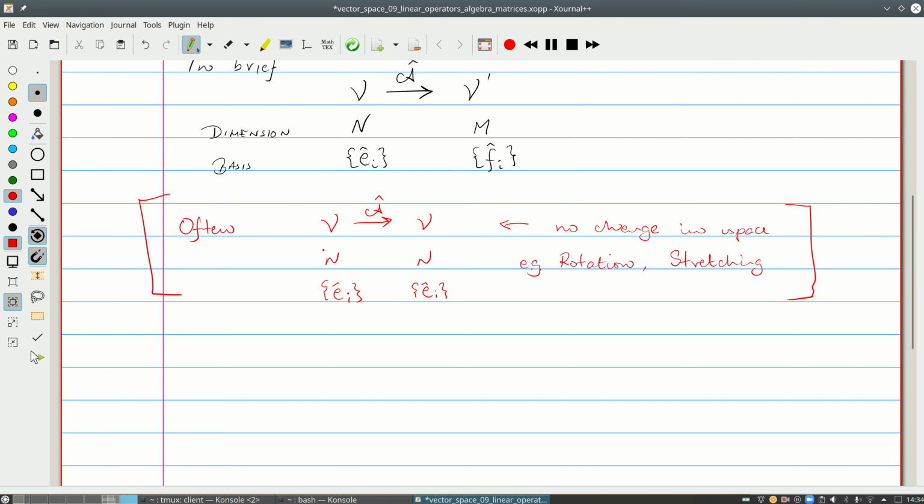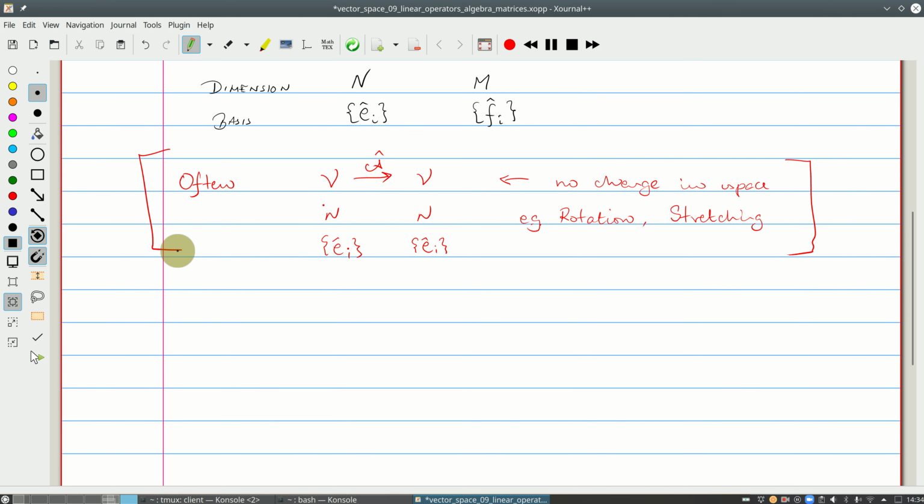Alright, let's work with the general case for the time being. So, let's go back here. Back to the general case. Here we've got A hat operates on x and gives us y.